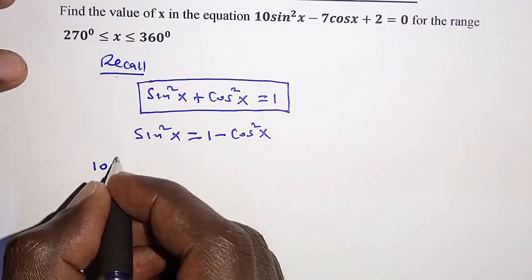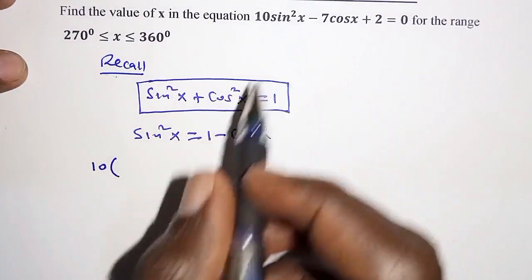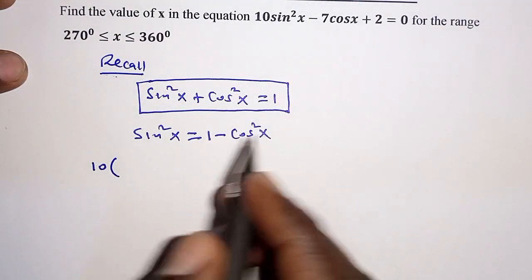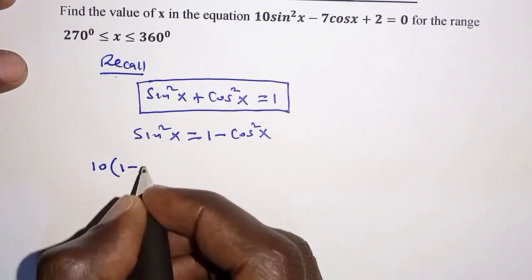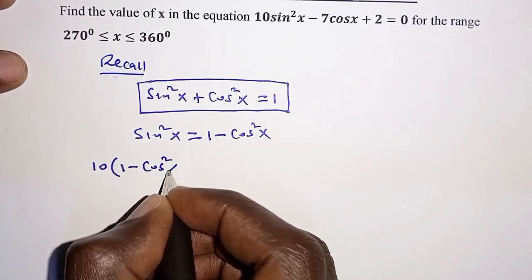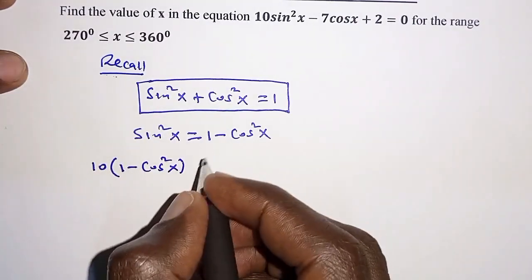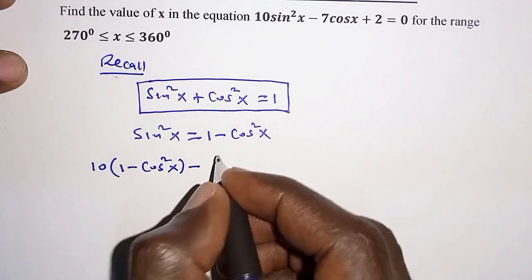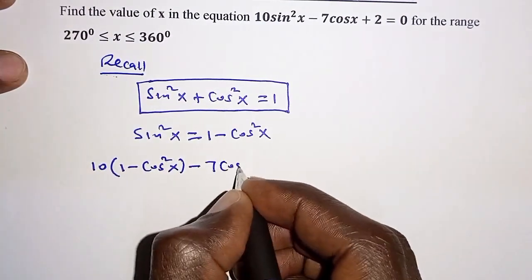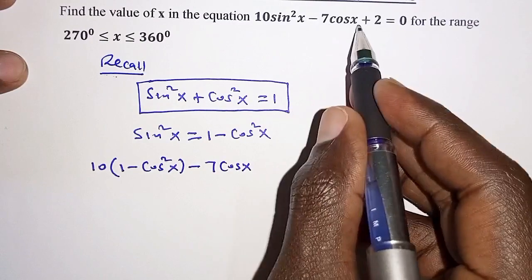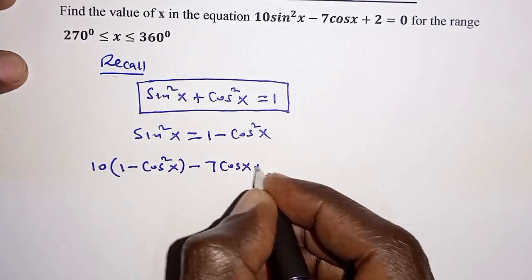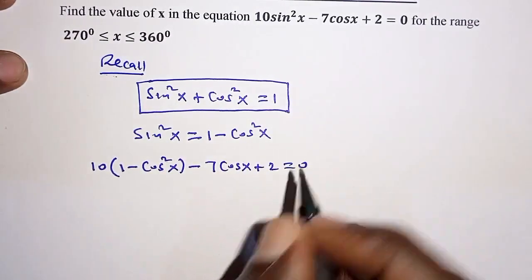10 into, so sine squared of x is 1 minus cosine squared of x, and then we have minus 7 cosine of x plus 2 is equal to 0.